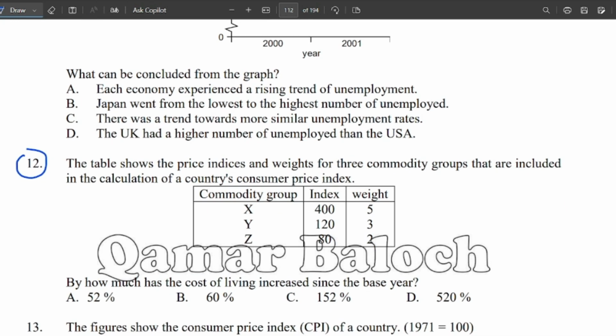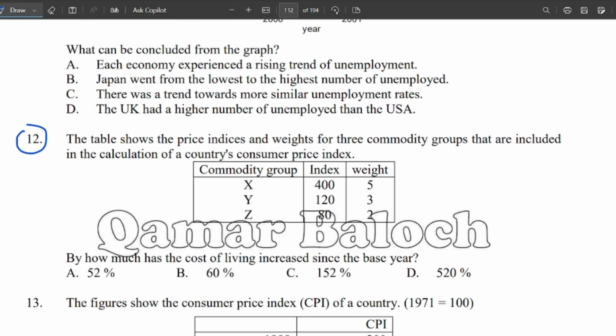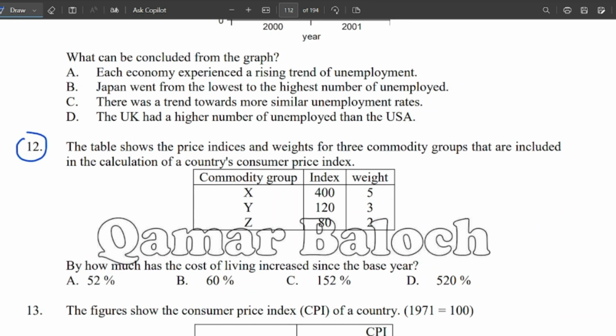So we have another question, question number 12. What you have to do is you have to find out sum of weights, like you have to multiply weight and index, right? And the sum of weights will be 5 plus 3 plus 2 is equal to 10 again.